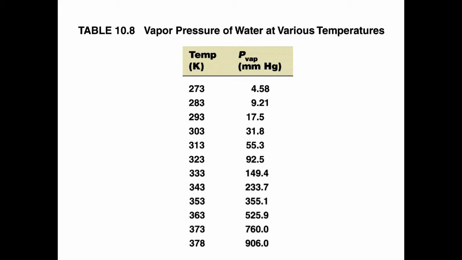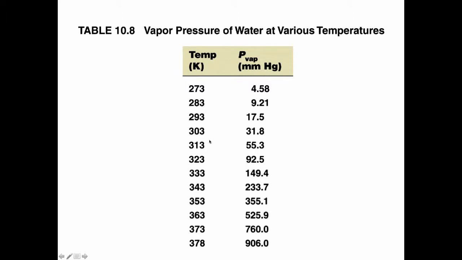So we're going to pick up with that analysis, and here we have vapor pressure data at various temperatures ranging from 0 degrees Celsius or 273 Kelvin on up past 100 degrees Celsius. And notice that as the temperature increases, the vapor pressure also increases.